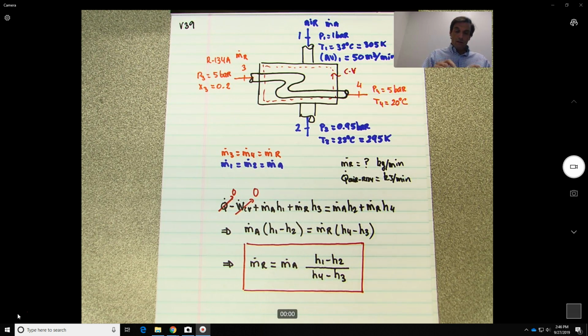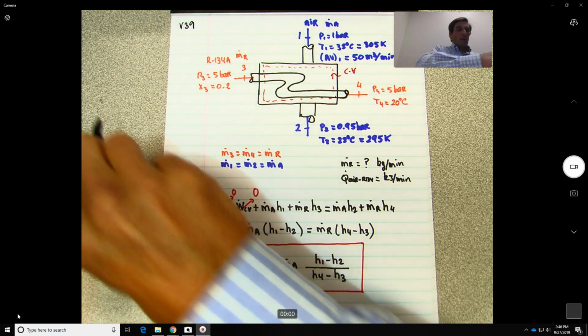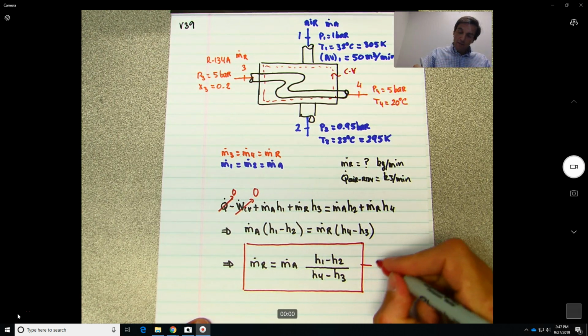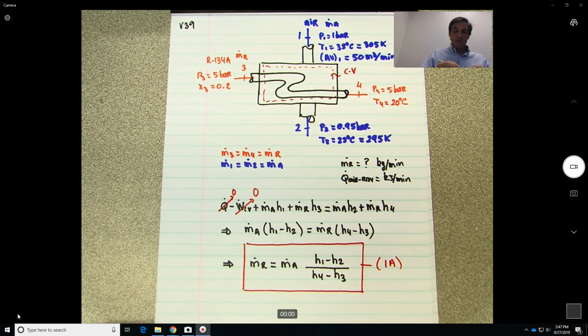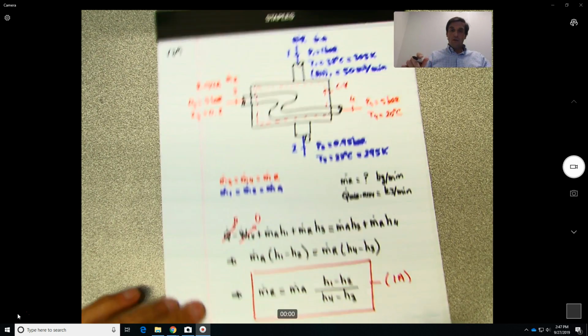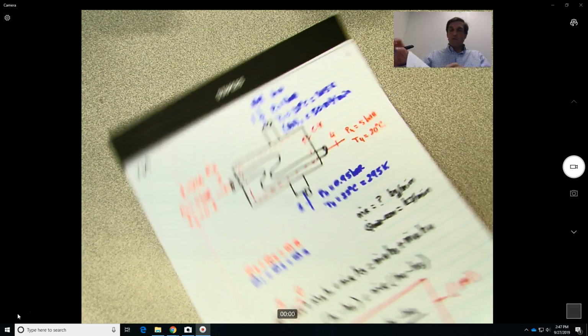Or we could solve it here, so it would be equation 1a. Let me go to another page.